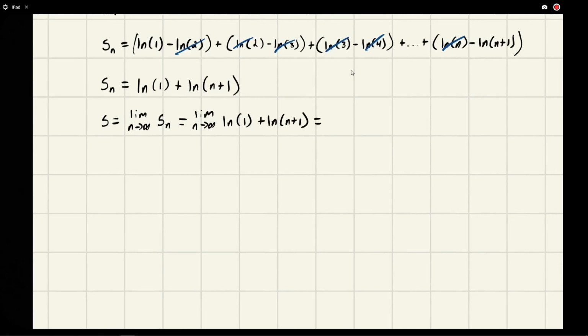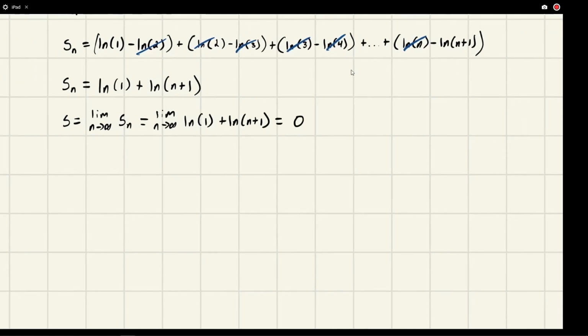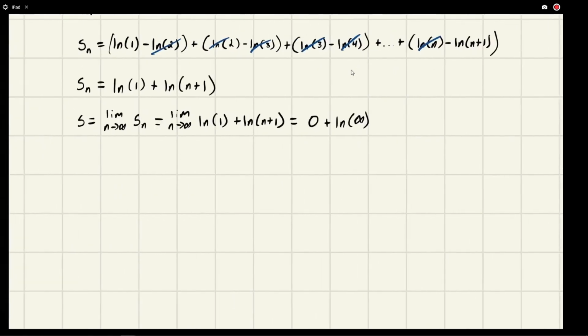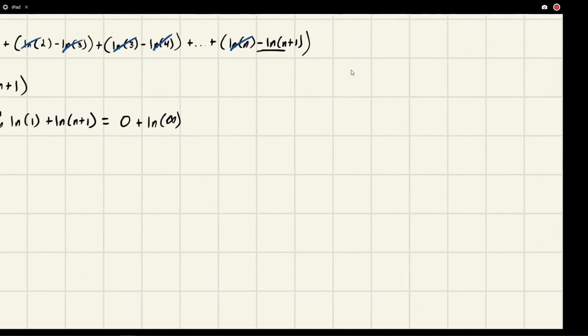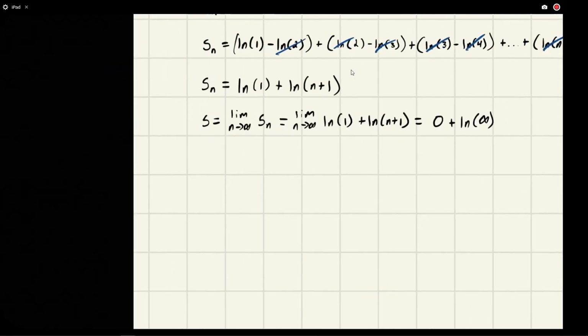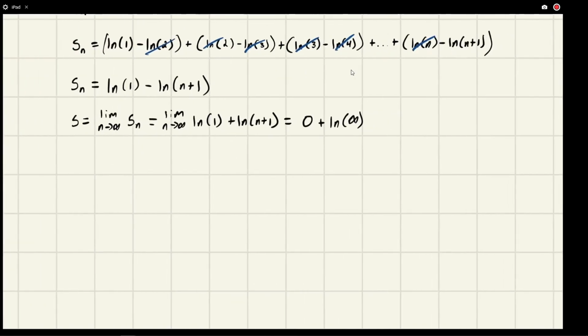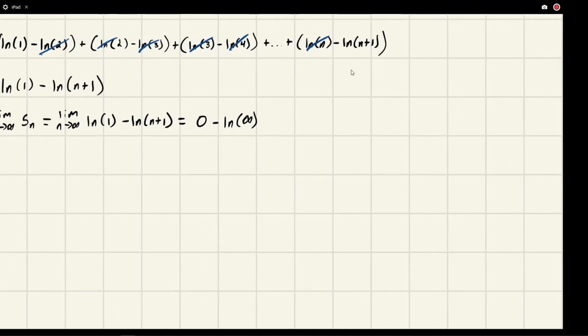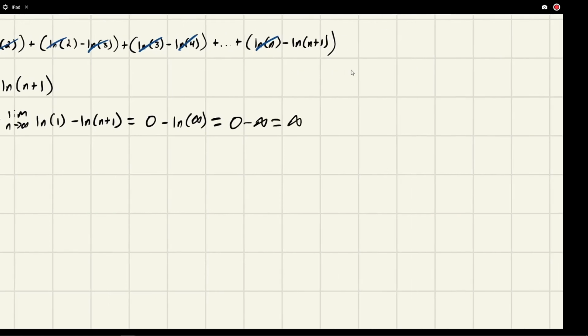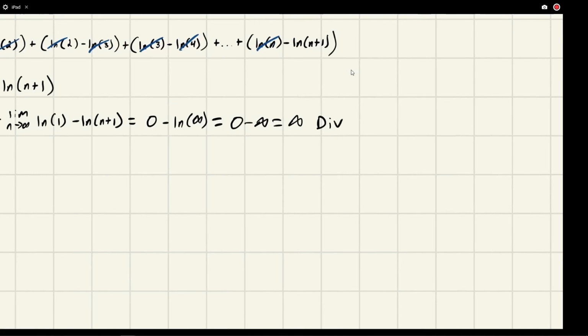Well, if we look at this, natural log of 1 is 0, plus the natural log of n going to infinity is infinity, which is, whoops, did I write plus? This should be a negative natural log of n plus 1. It's actually not going to change our outcome, but it's good to note. That should be a minus sign. And when we do that, we're going to get 0 minus infinity. This is going to be negative infinity. And so we see that it diverges.